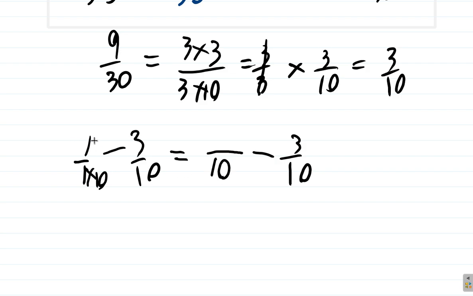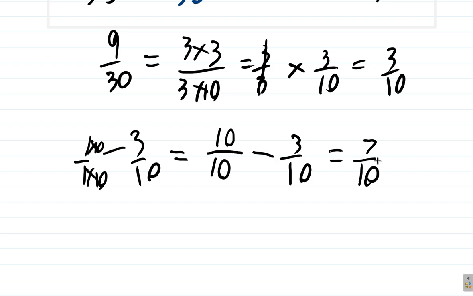What is it over 10? You must multiply the numerator by 10 as well. So it's 10/10. But it is 10/10 minus 3/10. If you have 10 of anything minus 3 of that same thing, you get 7. So it's 7/10. So you see that?